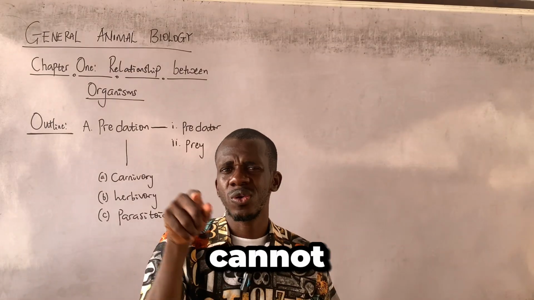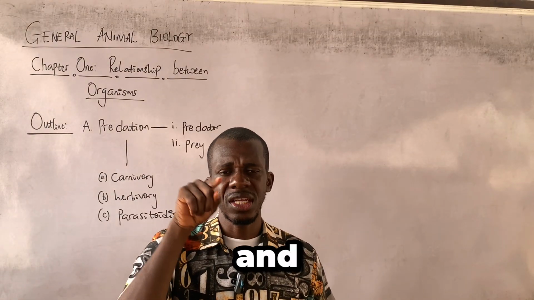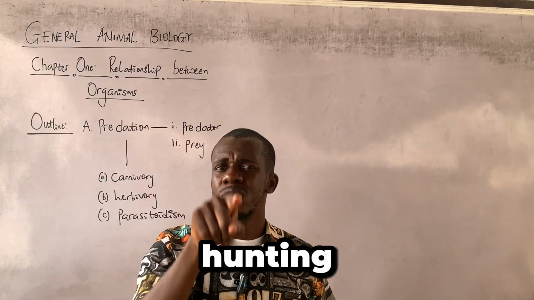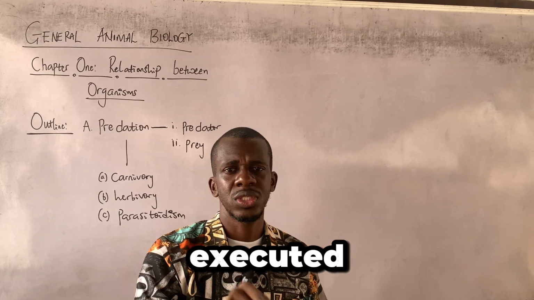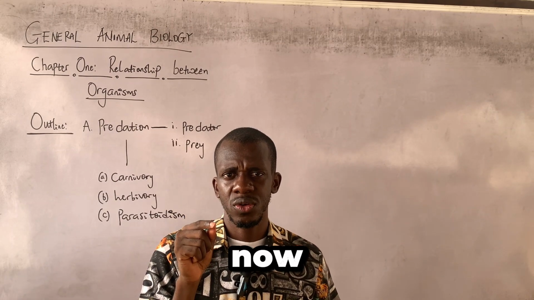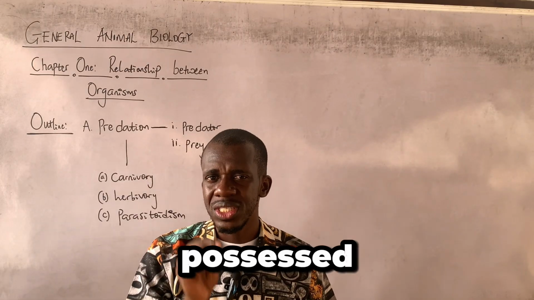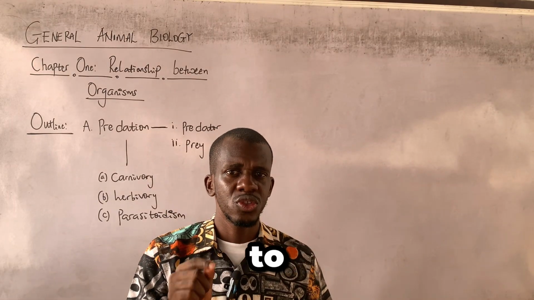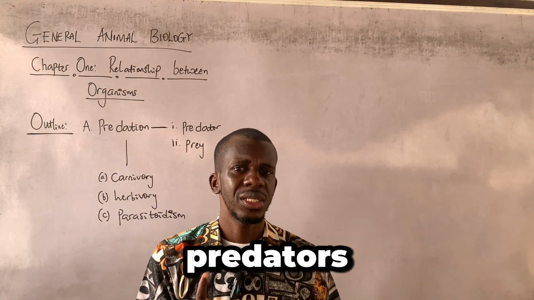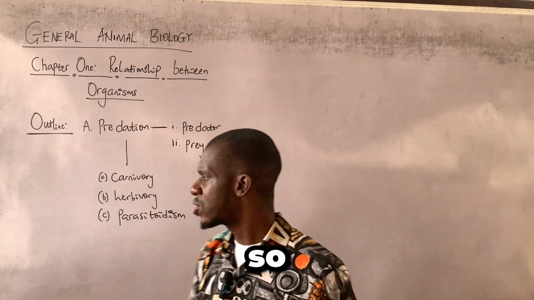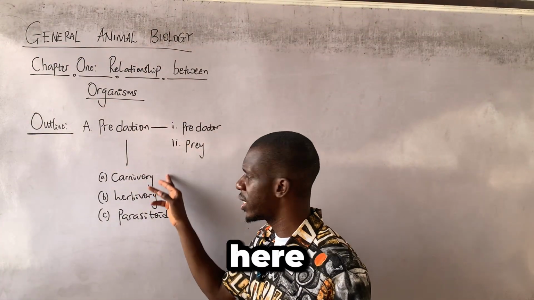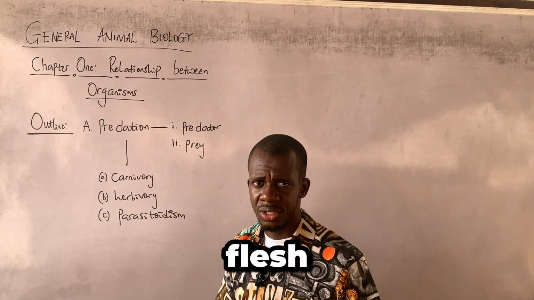So the lion cannot tell that this is a zebra. And if the lion cannot tell, then hunting cannot be executed. You see that now? Good. So that is also an adaptive feature possessed by the zebra to escape predators. So in carnivory, the predator here feeds on flesh.